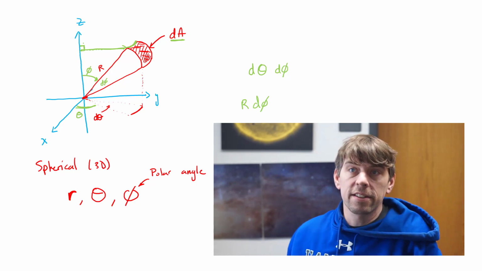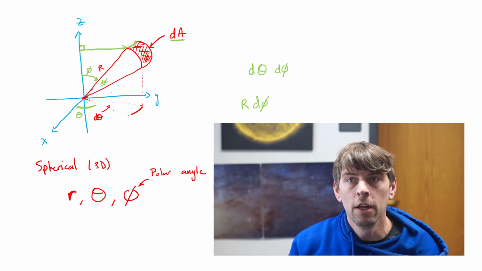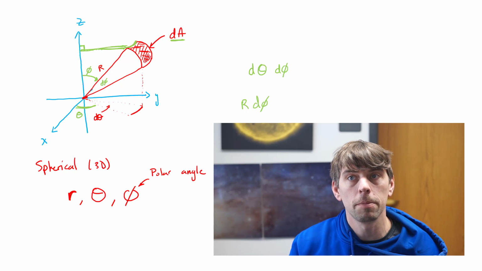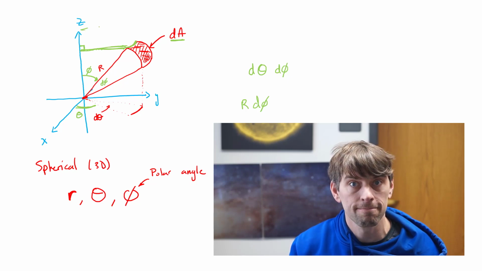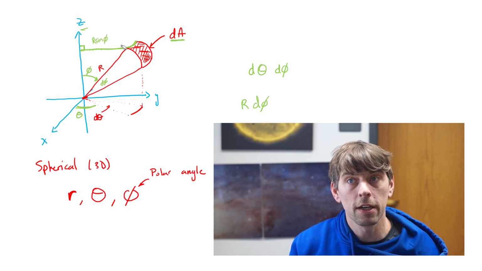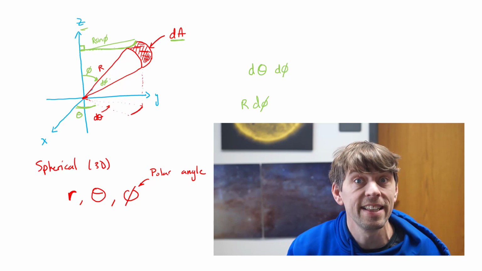To get that, we need to take the length of r and multiply by the sine of phi to get the component of r perpendicular to my z-axis. So this piece would be r sine phi. And then, don't forget, we still need to multiply by that small angle d theta.